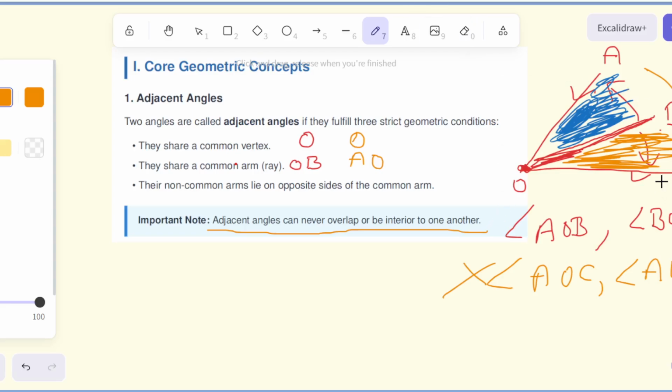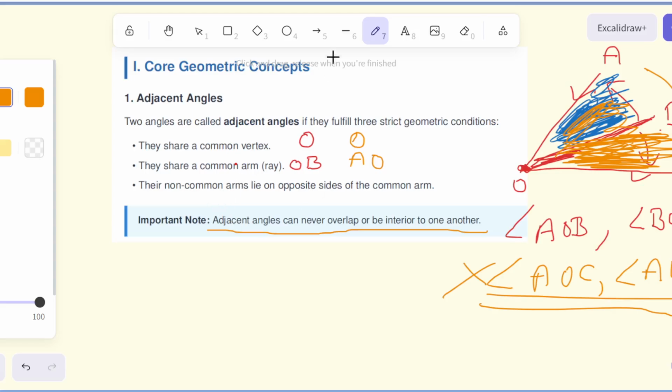These other angles are not adjacent because the third condition is not met, as both non-common arms OB and OC lie on the same side of AO. Are you getting it? Also, if you draw the areas, they will definitely overlap. You can remember the third point as no overlapping areas.